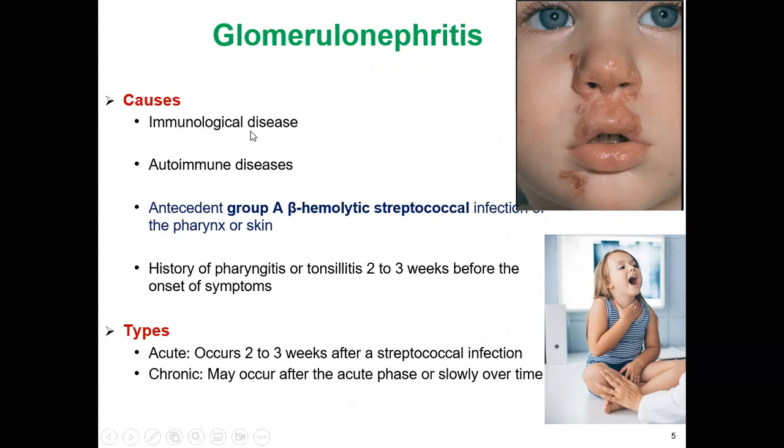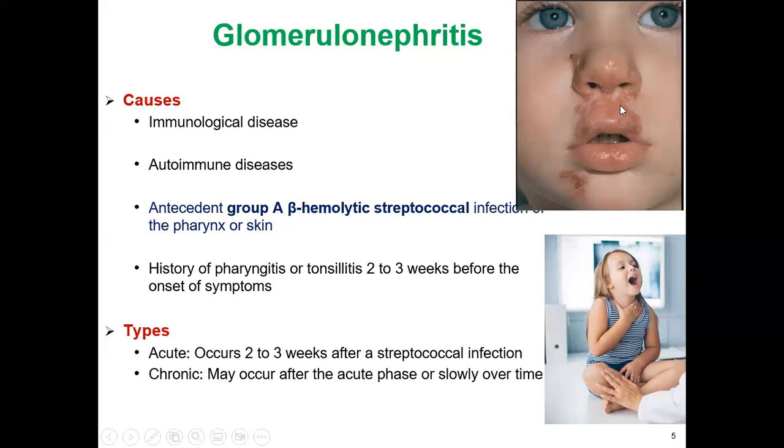Immunological disease, autoimmune diseases, or group A beta-hemolytic streptococcal infection of the pharynx, larynx, or the kid's skin.